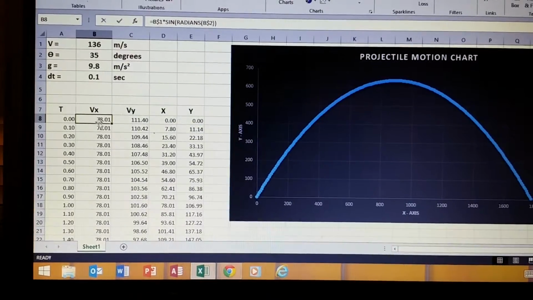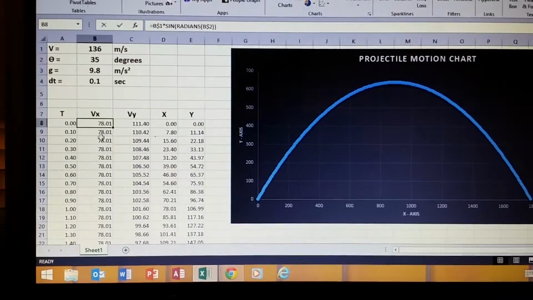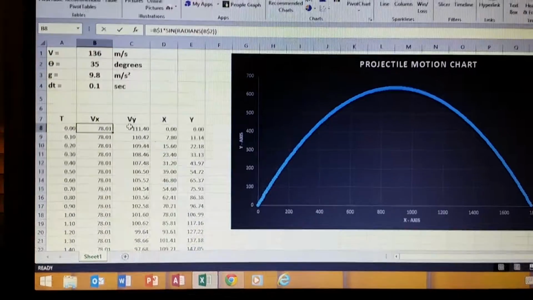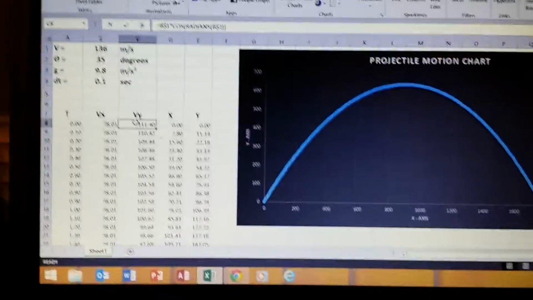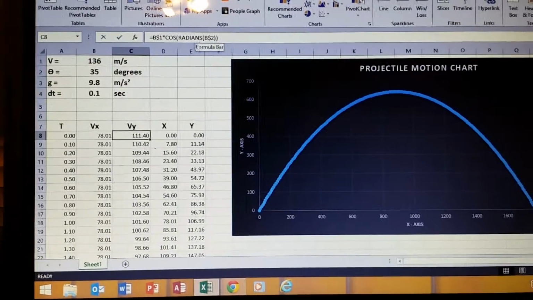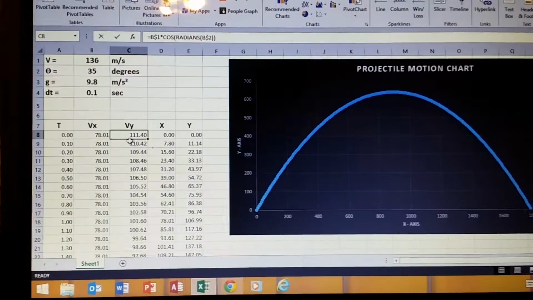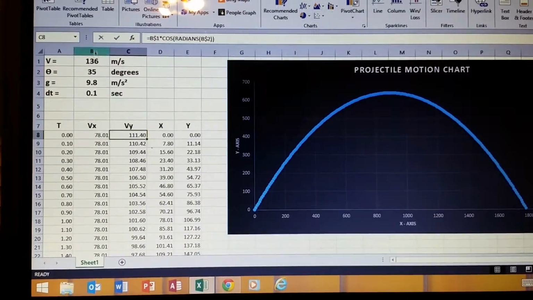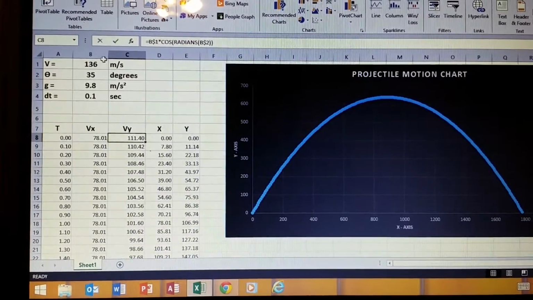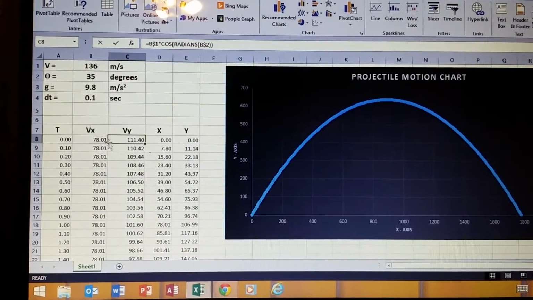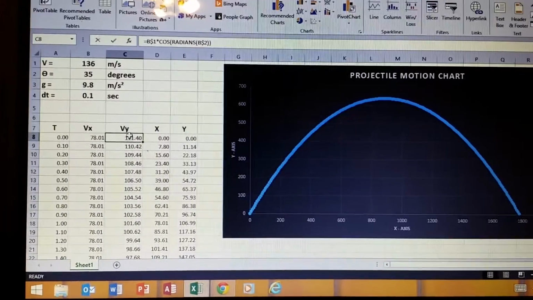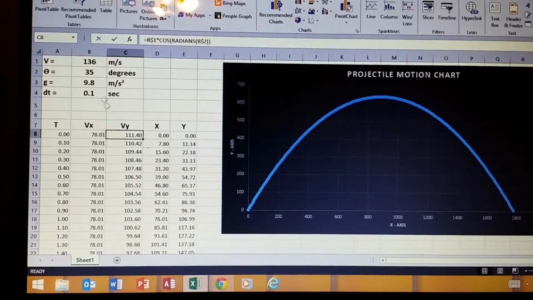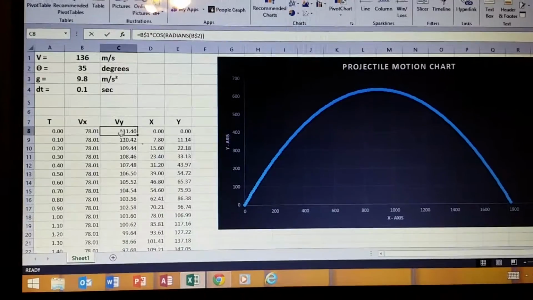So you get 78.01 meters per second in the X direction, and then for the Y direction, you use a very similar equation, but you're going to be using the cosine since it's in the Y direction. And you can actually check these to come up with 136 meters per second. I believe it's just Vx squared plus Vy squared equals V squared. And what you come up with is 136 meters per second, so you can check it.